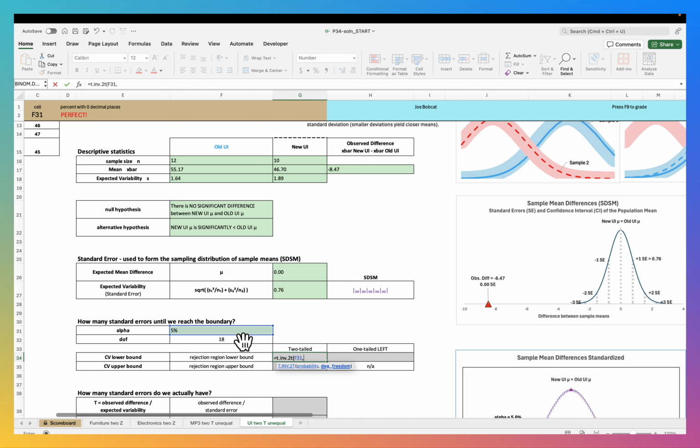Probability, degrees of freedom. And remember, that gives us the wrong one, so we'll make that a negative.